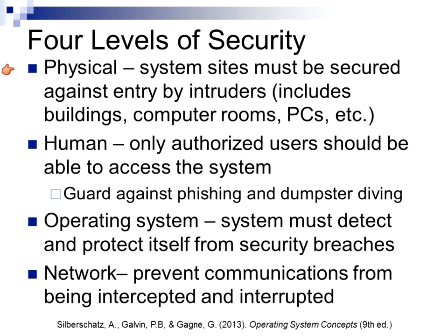Sometimes you need a card in order to get into a building. Computer rooms might be behind a door that you need a card to enter. PCs themselves might be secured. If you have a laptop, you may lock it, attach it to your desk so it can't be taken away. All those are physical levels of security.